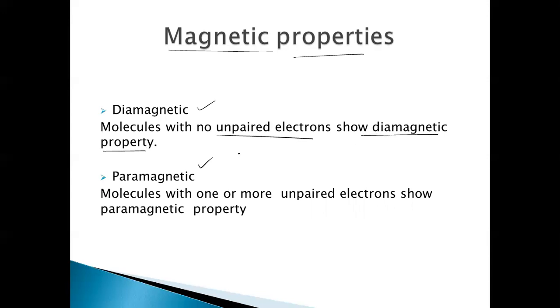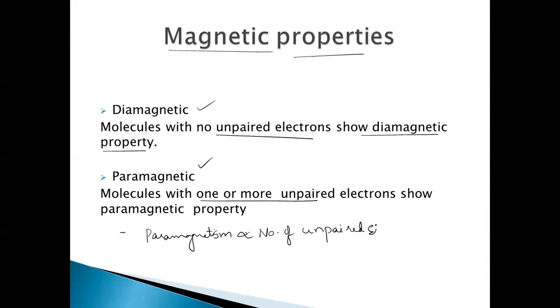If it has one or more unpaired electrons, then what? It shows paramagnetic nature. Also, the extent of paramagnetism is directly proportional to what? The number of unpaired electrons.